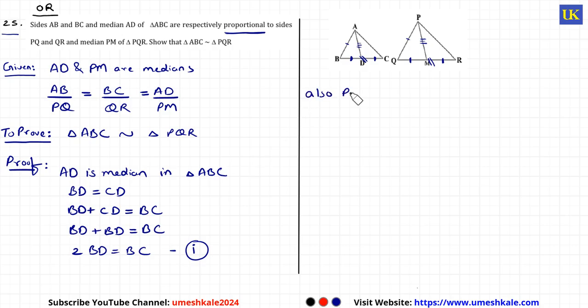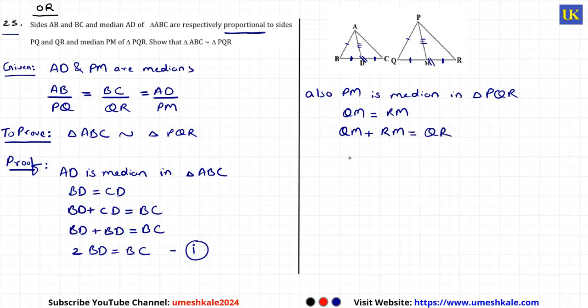Also in the other triangle, PM is a median in triangle PQR. Here we can say that QM is equal to RM, and QM plus RM is equal to QR.